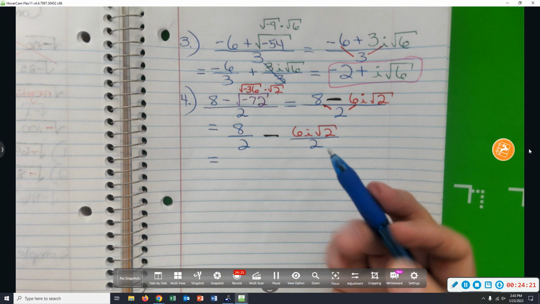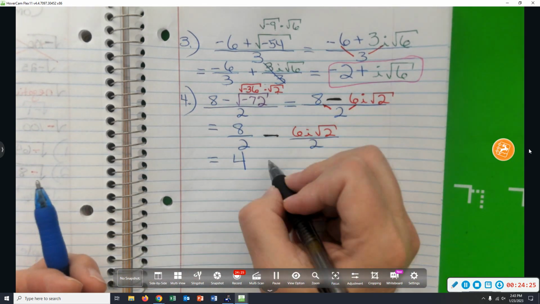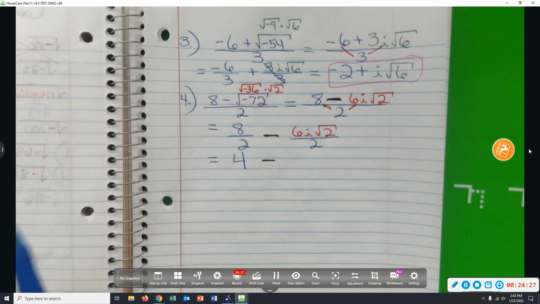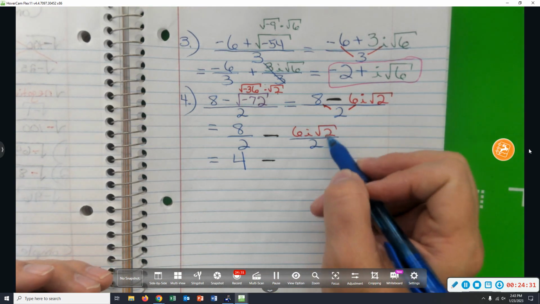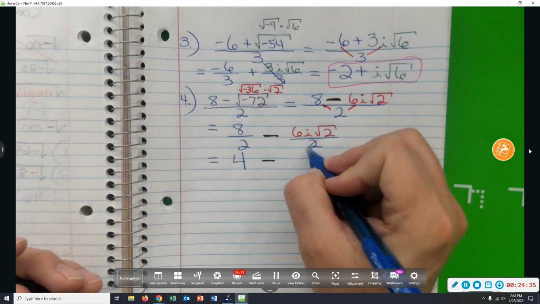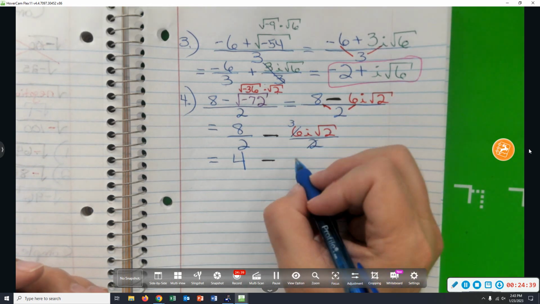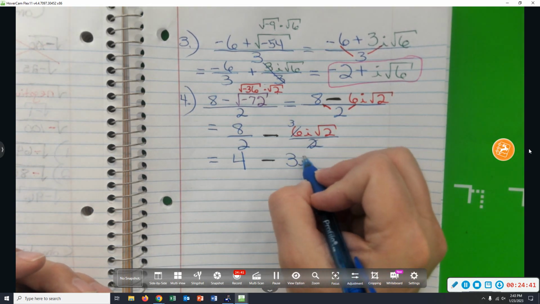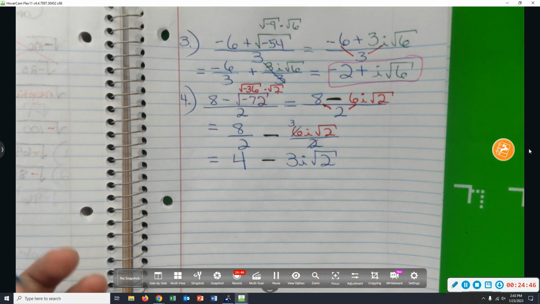8 divided by 2 gives me 4, minus. You can't cancel those things because that 2's under the square root and that isn't. 2 goes into 6 3 times, so 3i square root of 2. Well, wait a minute, I see 4 minus 3.